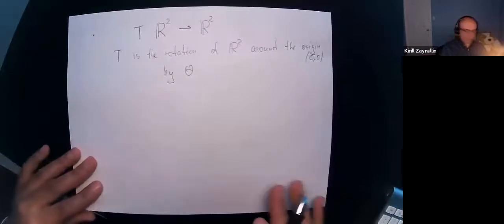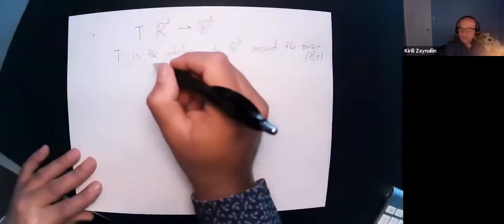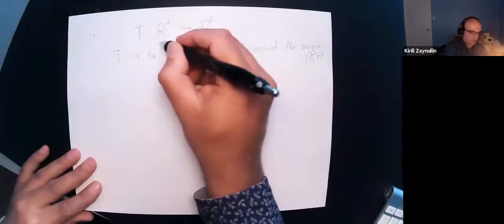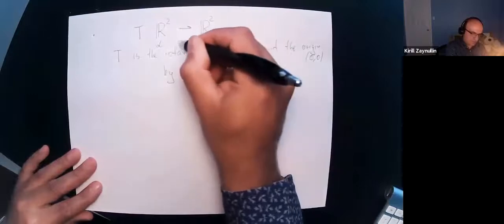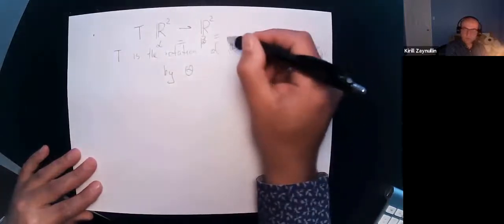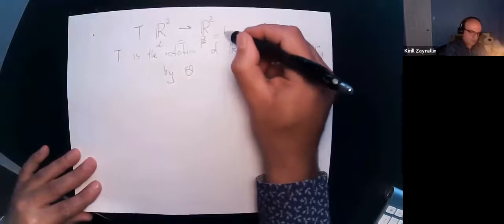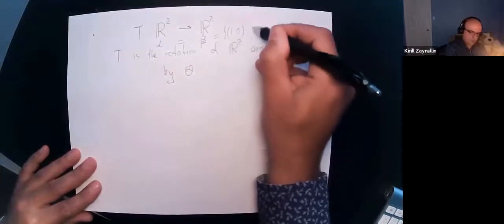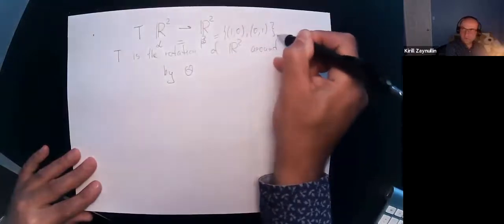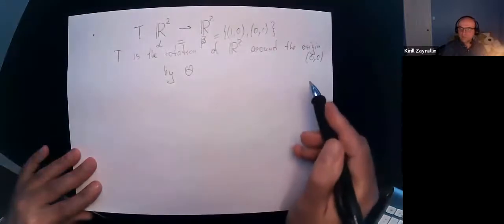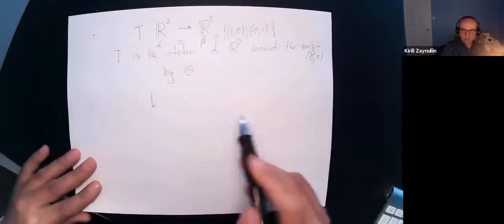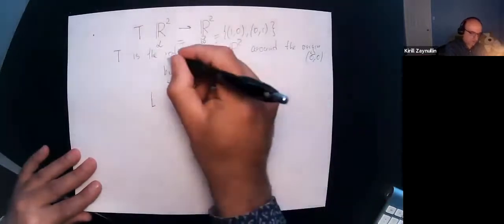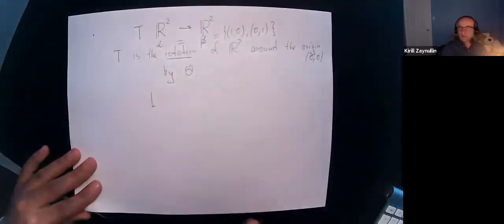Okay, so let's fix a basis. Here we would like to fix alpha and the same beta, and let's pick it to be the standard basis, namely (1, 0), (0, 1). Of course, we can choose a different one, but then the answer will be different. In this case, the rotation is taken counterclockwise.